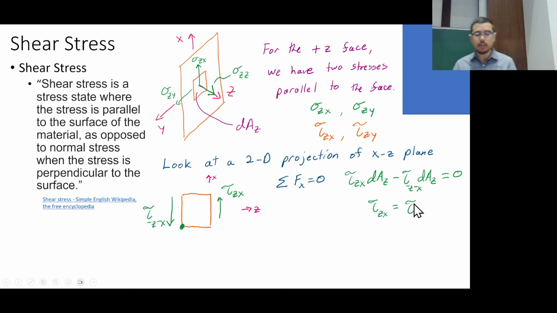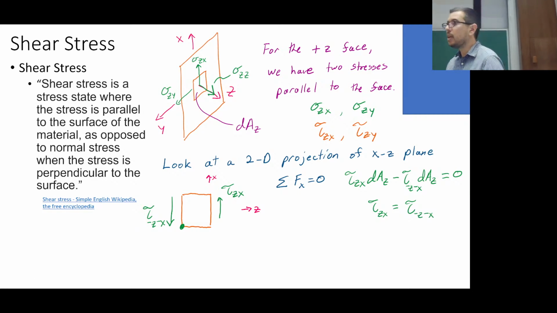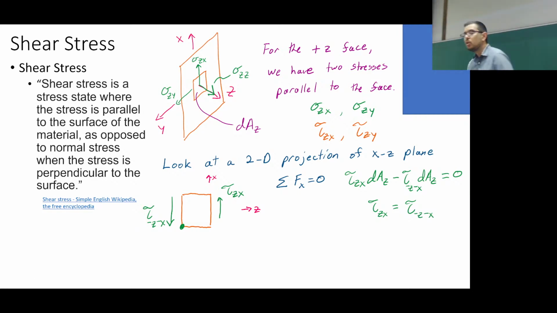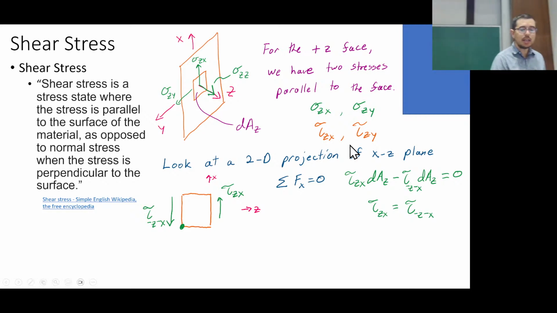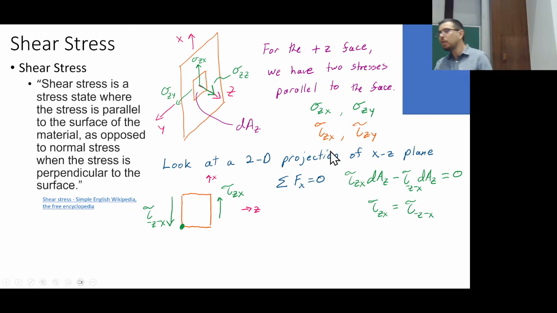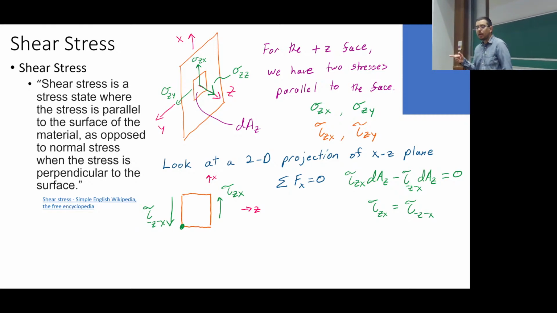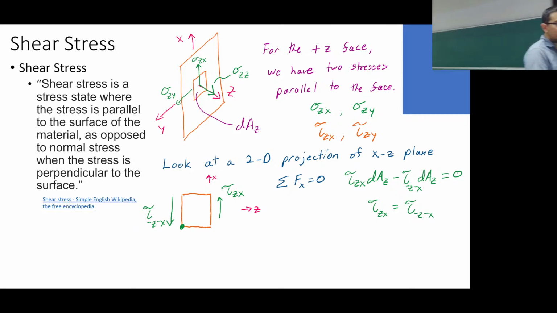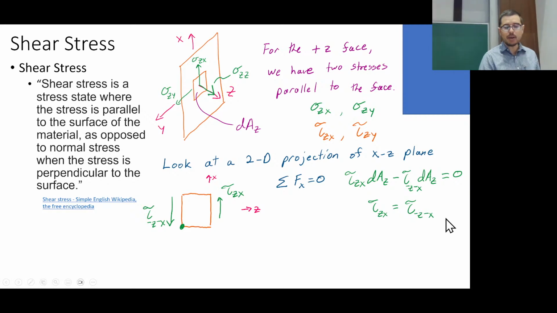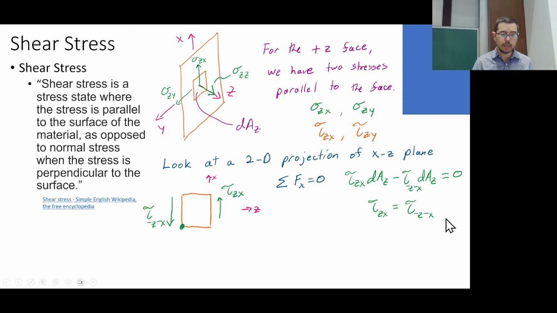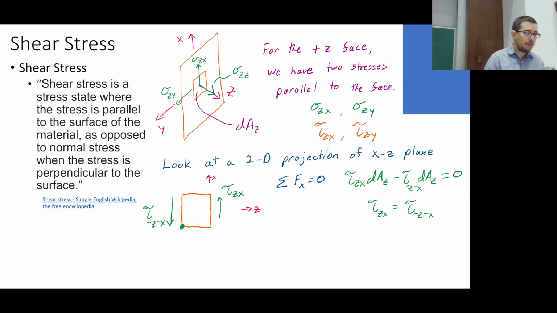This means that tau zx has to be equal to tau minus z minus x. So we've established something, just like we said, we don't write sigma minus x. We don't write tau minus z minus x.